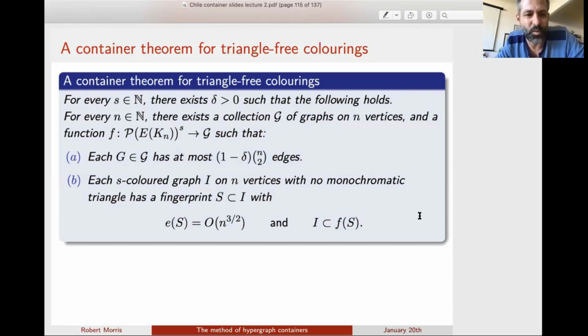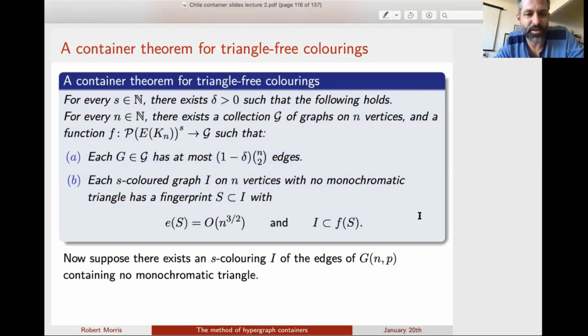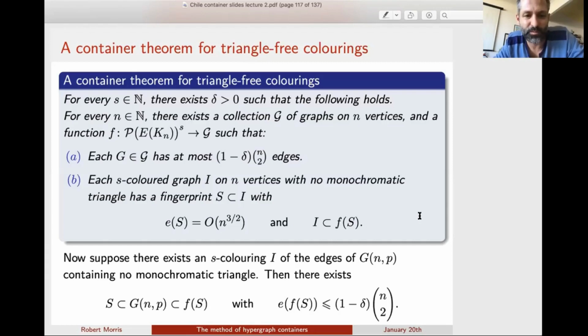So why is that? Suppose there exists an S coloring of the edges of G(n,p) with no monochromatic triangle. Our job is to show this is unlikely. We have to use the container theorem to show that. By the container theorem, G(n,p) contains a fingerprint, so I contains a fingerprint, which is then contained in G(n,p). And what's the point?